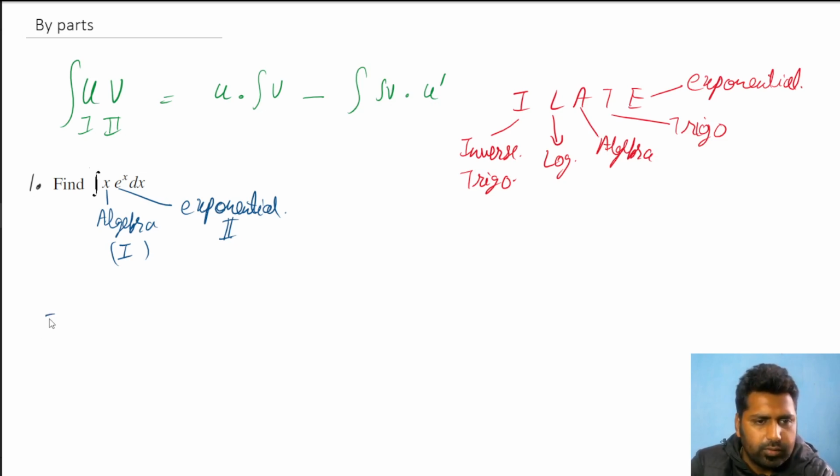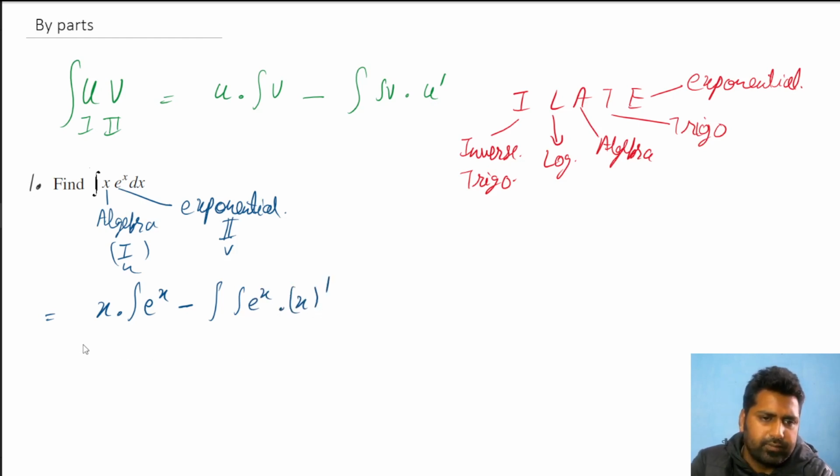So this integration is first function as it is. So x is as it is, integration of e raised to power x, minus, or you can call this uv if you want to use the formula exactly, but my suggestion, learn it in the form of a language. First function as it is, integration of second function, minus integration of second function, differentiation of first function.